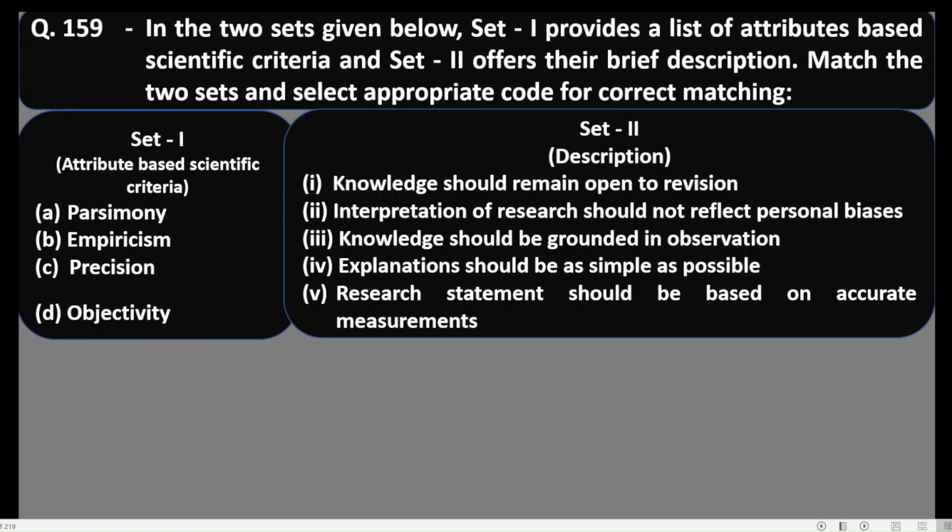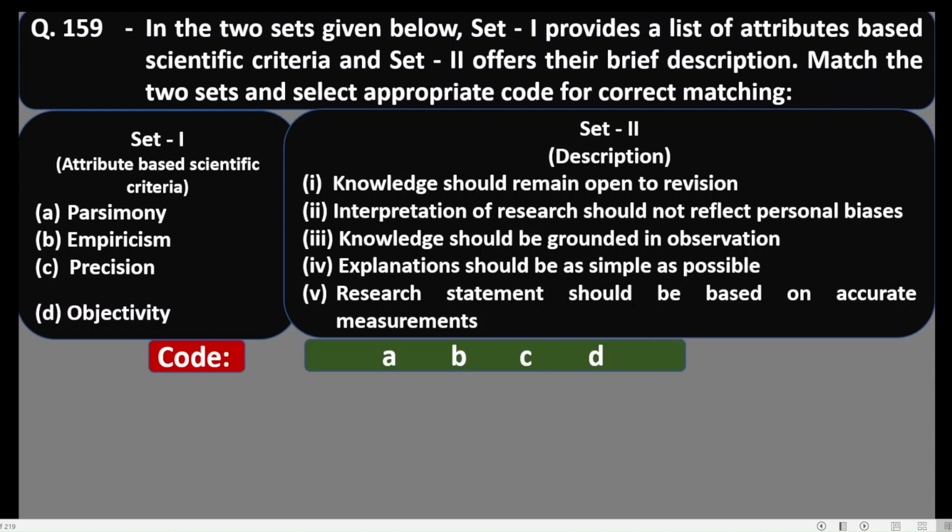And here the description: number 1, knowledge should remain open to revision. Number 2, interpretation of research should not reflect personal biases. It shows the objectivity. Number 3, knowledge should be grounded in observation. Number 4, explanation should be as simple as possible, that is parsimony. And number 5, research statement should be based on accurate measurements.